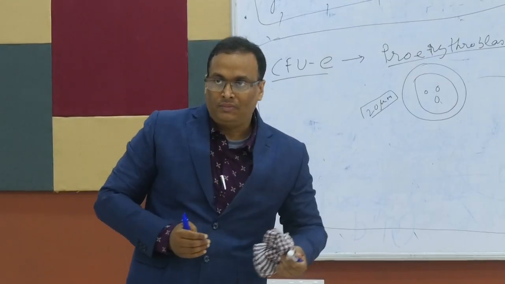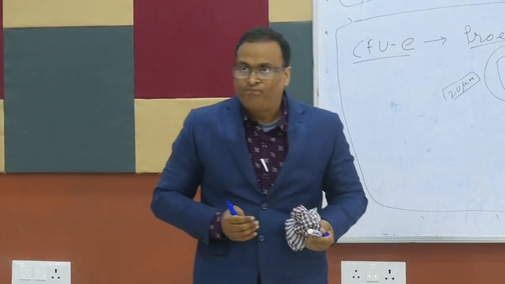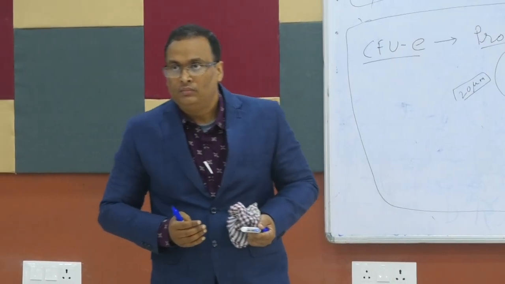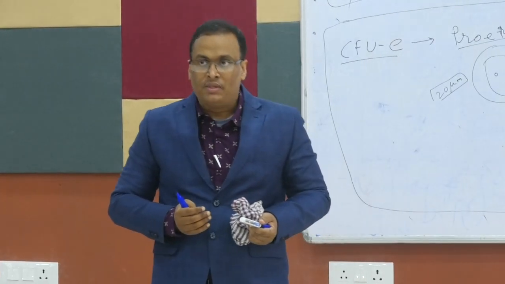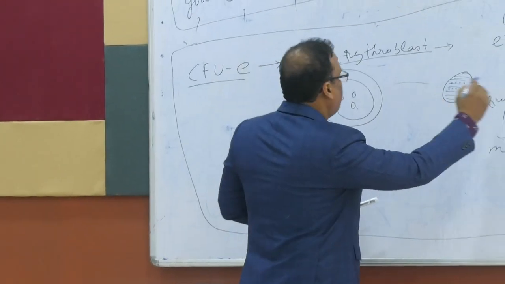Yes, বসে বল. So colony forming unit, from that to the formation of mature RBC, there is differentiation happening. Yes, where is that exact differentiation happening? Differentiation is happening in many stages, in all stages.